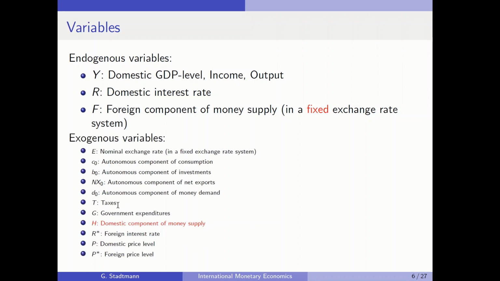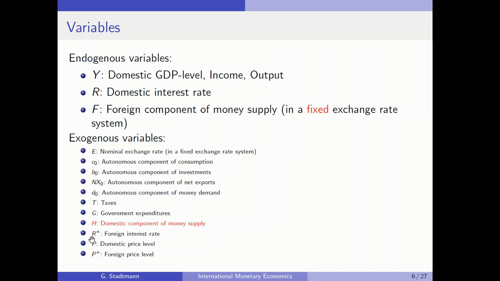The exogenous variables: the nominal exchange rate is exogenous in a fixed exchange rate system. At some point in time, the central bank or the government has fixed the nominal exchange rate. This nominal exchange rate does not change, and therefore it's an exogenous variable.